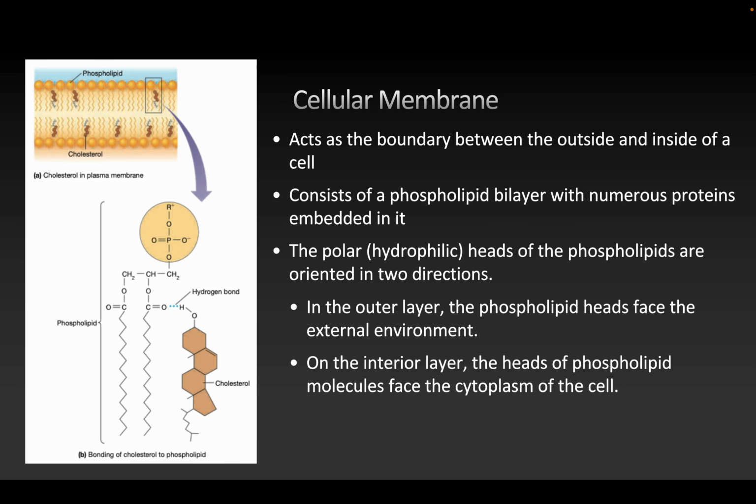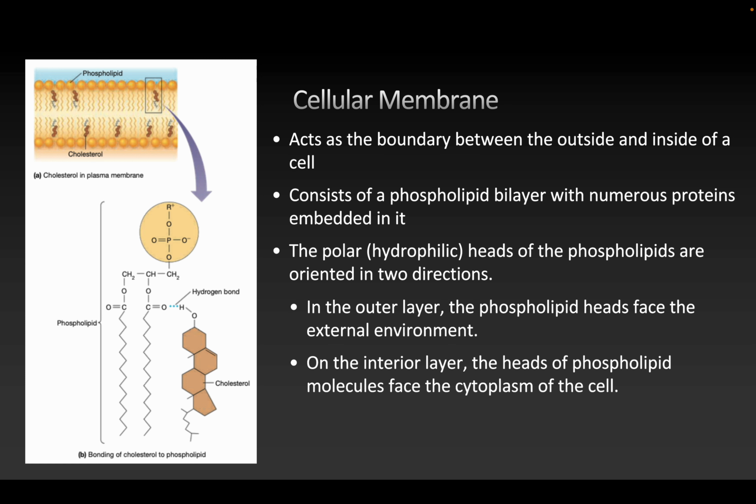Okay, let's review the biochemistry of the plasma membrane or the cell membrane. As a recall, we have now been introduced to the idea that the plasma membrane serves as the boundary between the ambient, the external environment, and the cytoplasm, the inside of the cell.